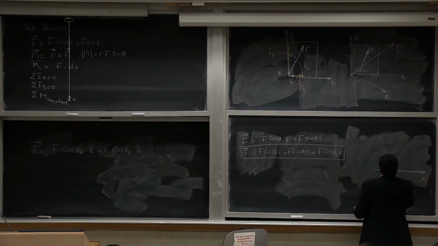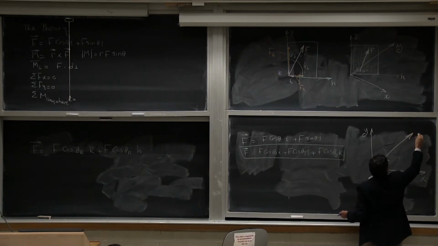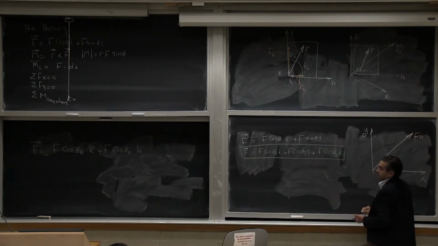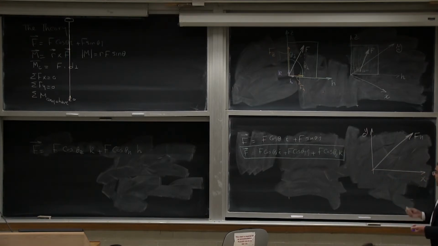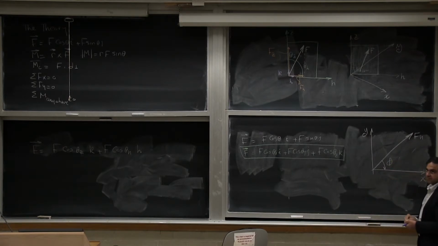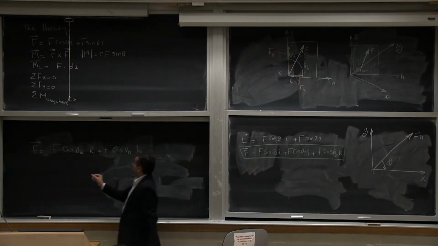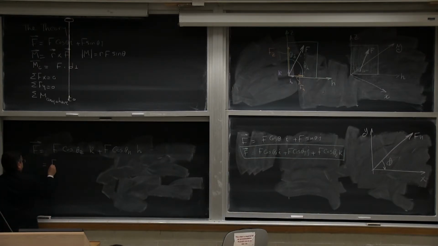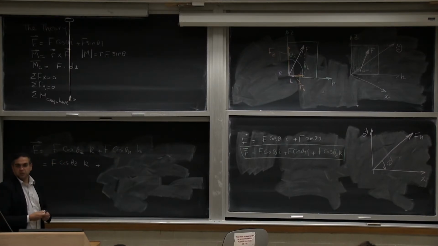So this is the x, this is the y, and this is F_h. Okay? And if we call this angle here phi, then I can write that this force equals F cos theta_z k, nothing changed, but I could resolve this into the x and y.